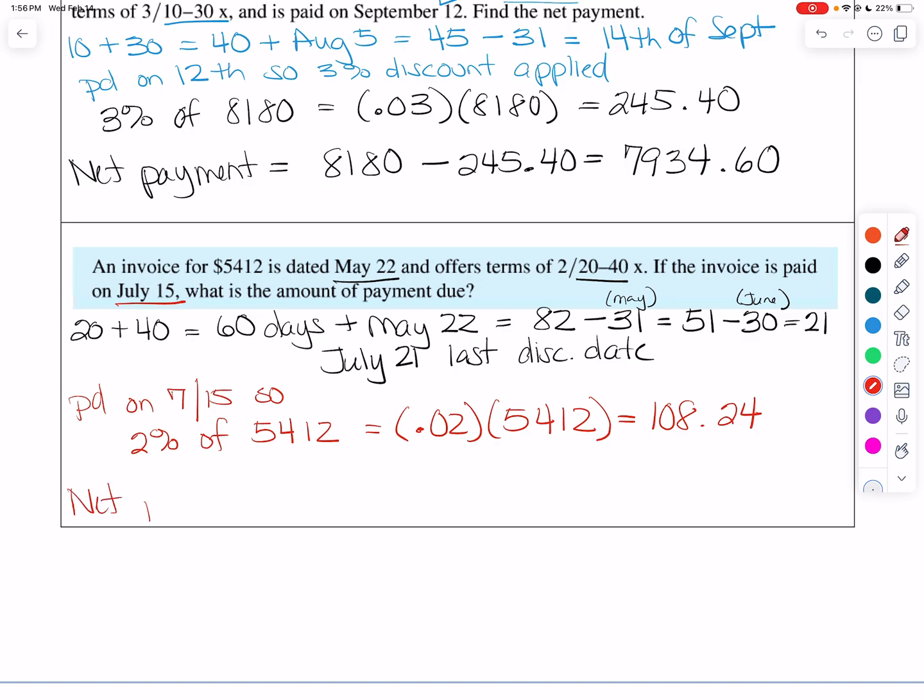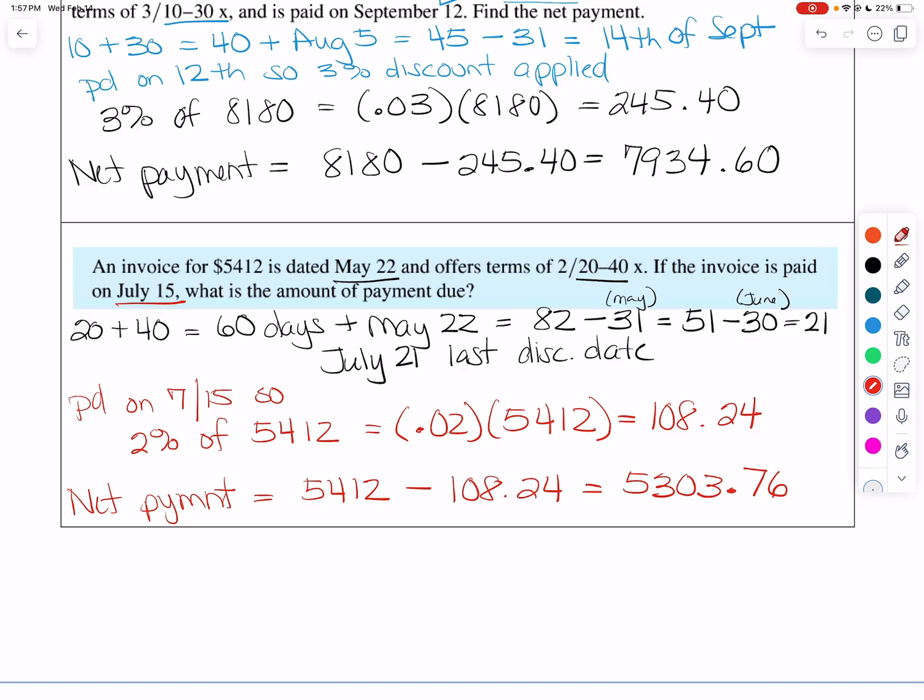Our net payment is $5,412 minus the discount, and that comes out to be $5,303.76.